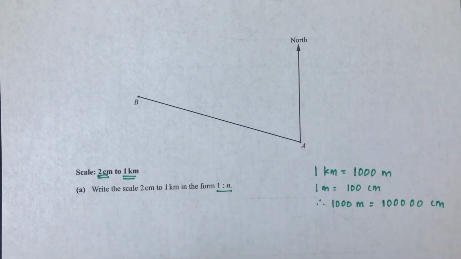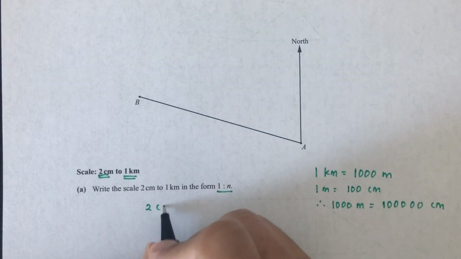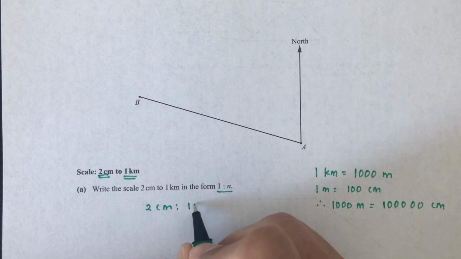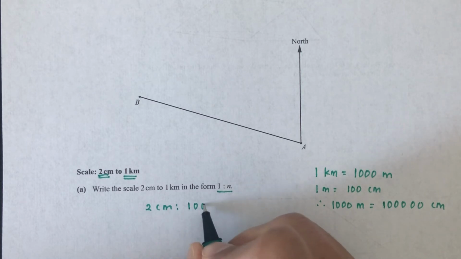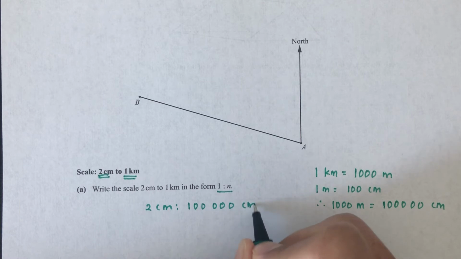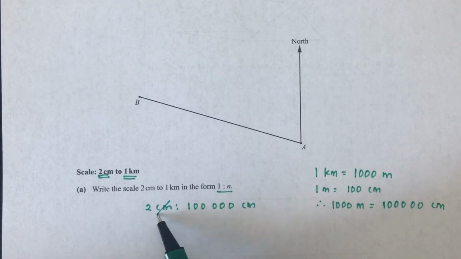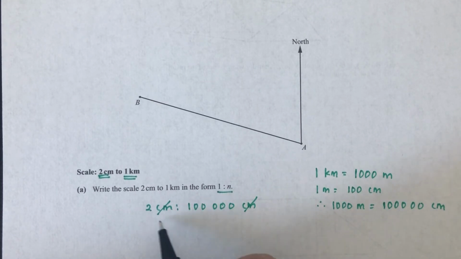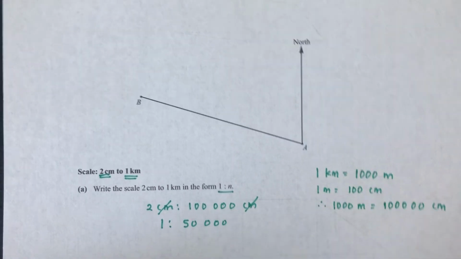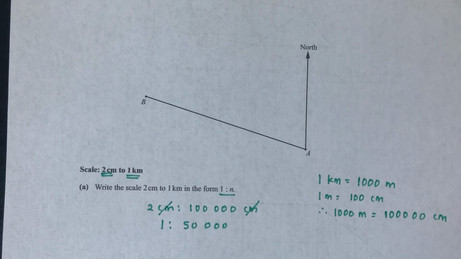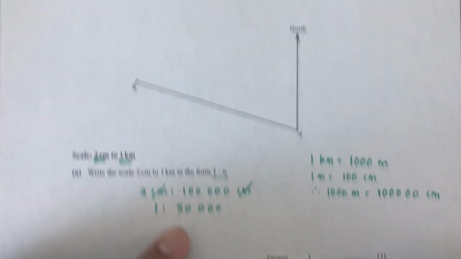So now we have to compare. So 2 centimeter is 100,000 centimeter. So centimeter gone. Divide by 2, we have 1. Divide by 2, we have 50,000. So your answer for part A is 1 to 50,000.